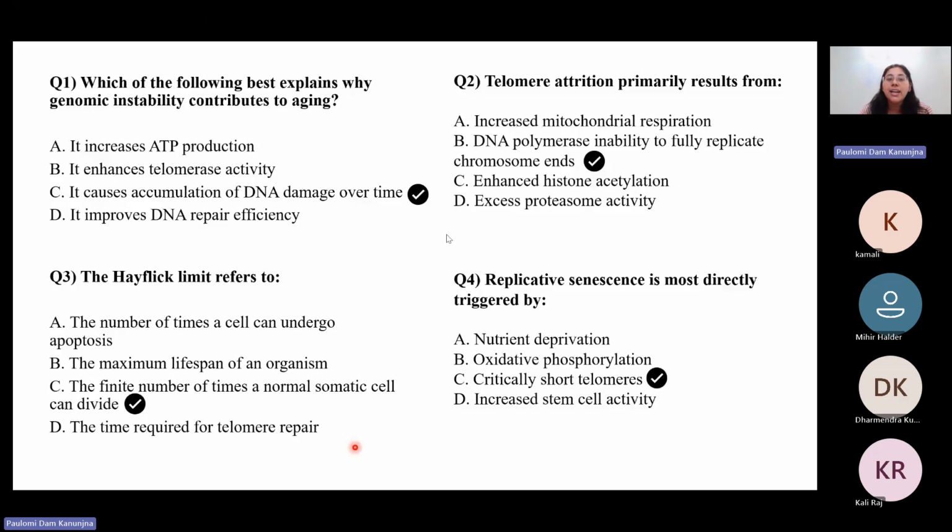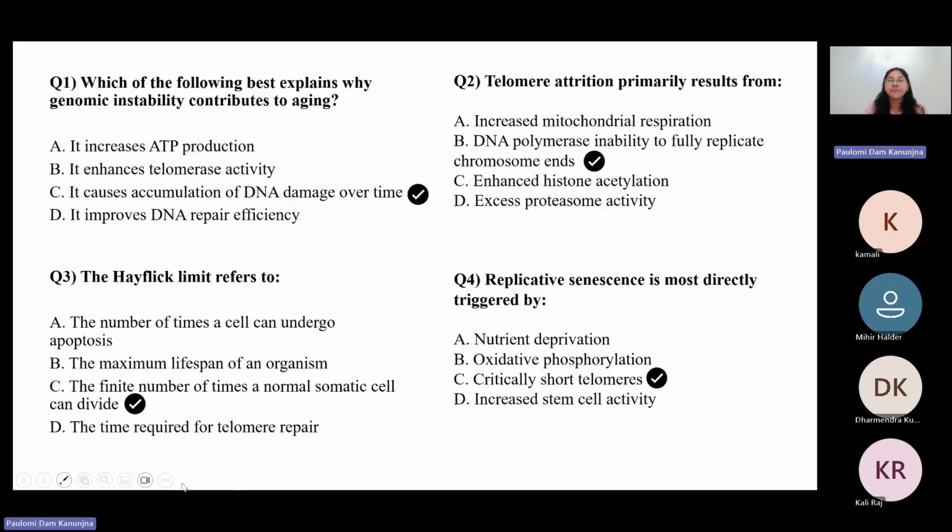And lastly, replicative senescence is mostly directly, so the name suggests replicative, and it's basically critically short telomeres. The senescence basically is where the cell cycle is arrested. But here, when we are defining senescence, we are also giving it a name. We are calling it replicative senescence. That's why it is directly triggered by short telomeres.